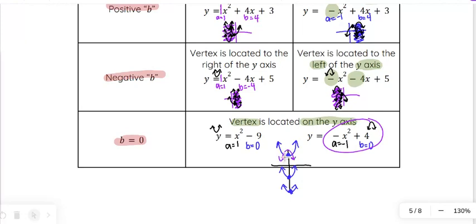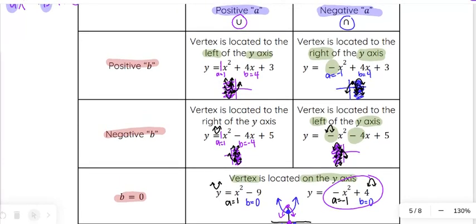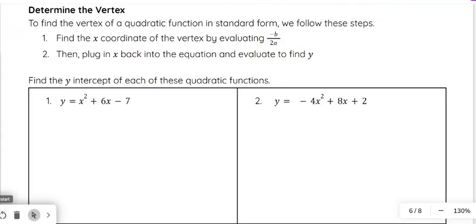It could be anywhere on the y-axis, but the vertex will be somewhere on the y-axis. So that's what's known for sure: if b is 0, no matter if a is positive or negative, the vertex is on the y-axis. This would be a table that, if you can memorize it, can help you out with some multiple choice problems that we will eventually look at, and make sure that you're able to rule out some choices.